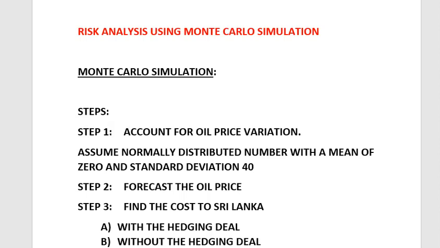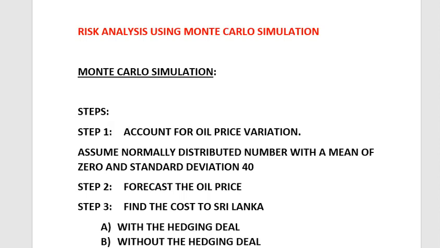You have to look at the prices in the past historically, and then you have to come up with some kind of a variation. Normally, it's a normally distributed number. In my case, I didn't look at historical prices.